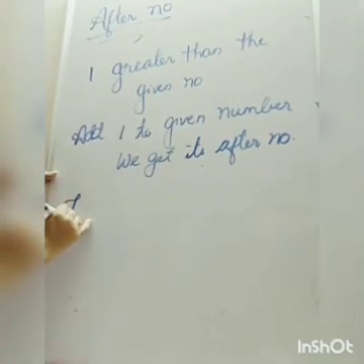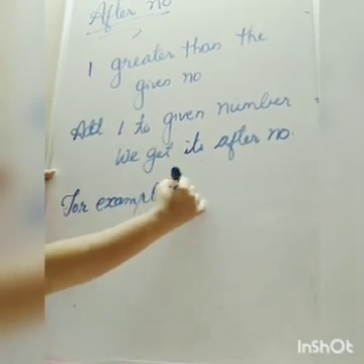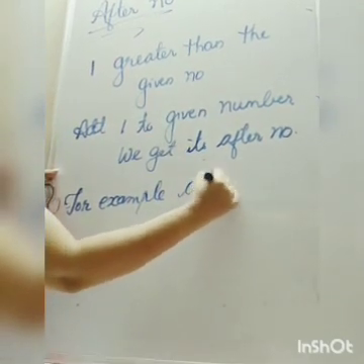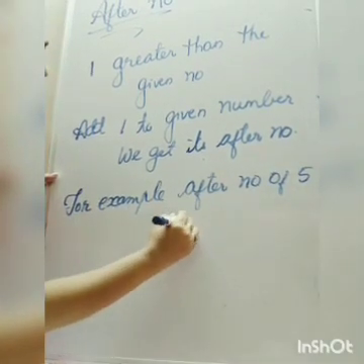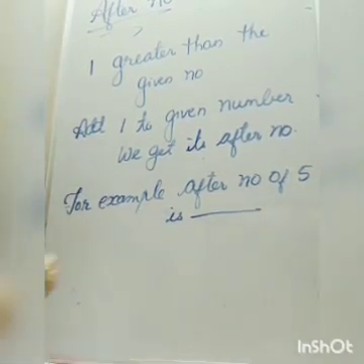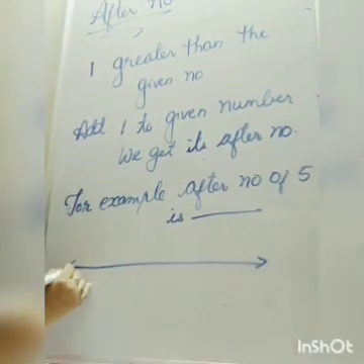So for example, after number of 5 is dash. Now draw a number line.